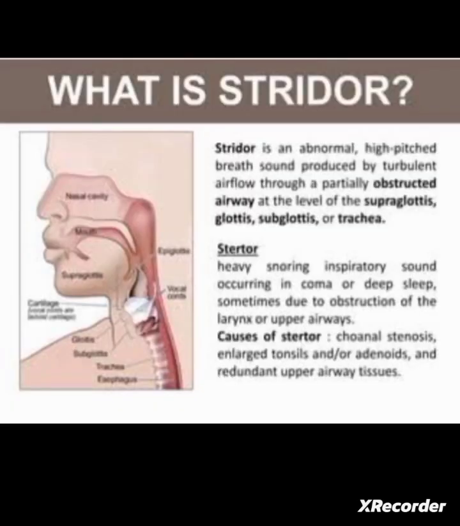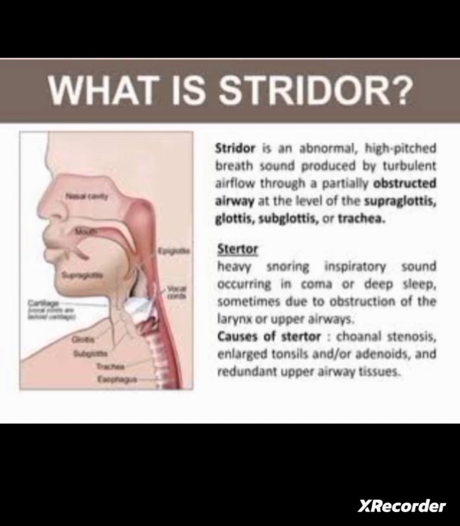Next one, stridor. Stridor is an abnormal high-pitched breath sound produced by turbulent airflow through a partially obstructed airway at the level of the supraglottis, glottis, subglottis or trachea. It mainly occurs in cases of choanal stenosis, enlarged tonsils or adenoids, upper airway obstruction or laryngeal obstruction, and in laryngeal cancer.